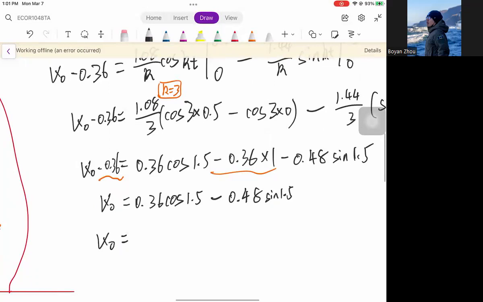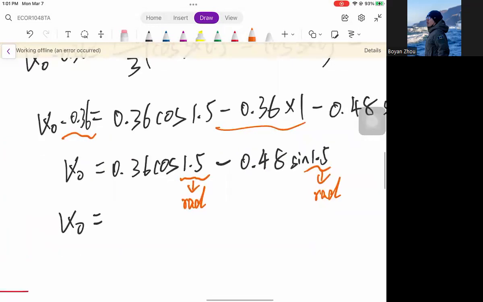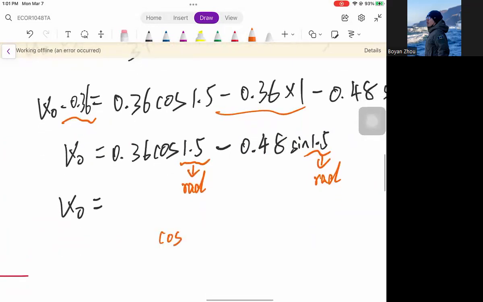So solving this, one thing to keep in mind is that in the question, the 1.5 here is in radians. So we're solving cosine of 1.5 radians, not cosine of 1.5 degrees.